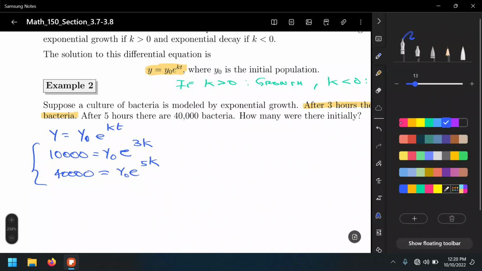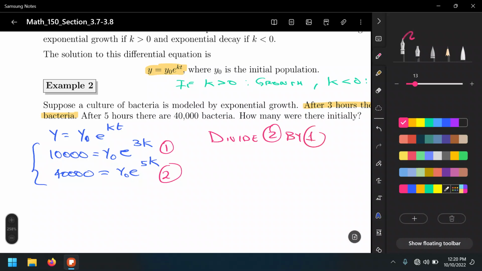So let's label the equations, number 1 and number 2. Divide 2 by 1. You can do the division of 1 by 2, but I'll show you in a second why dividing 2 by 1 is better.